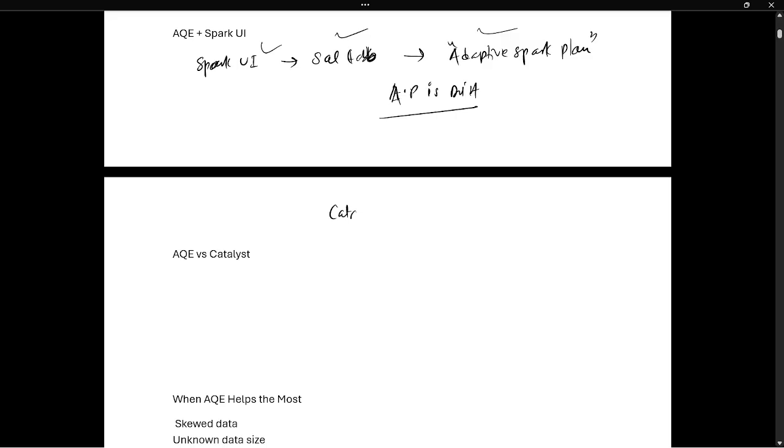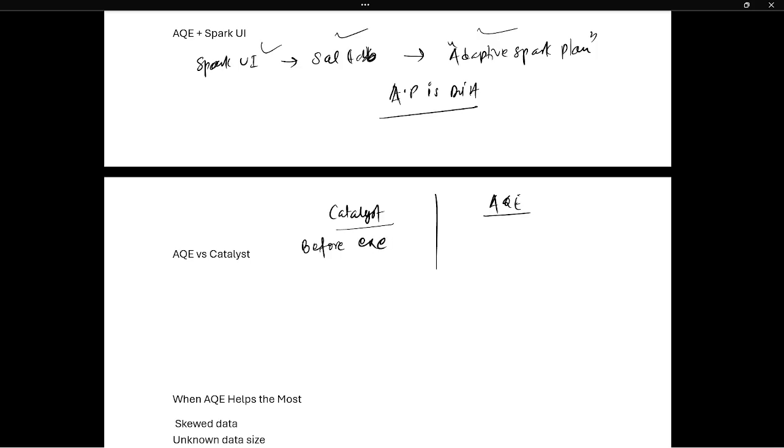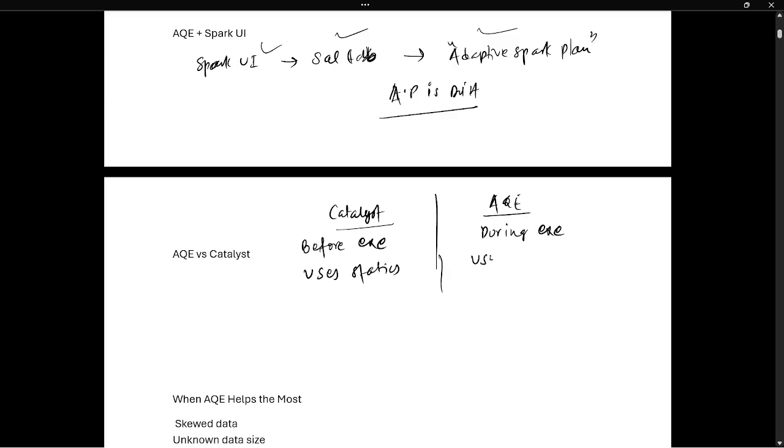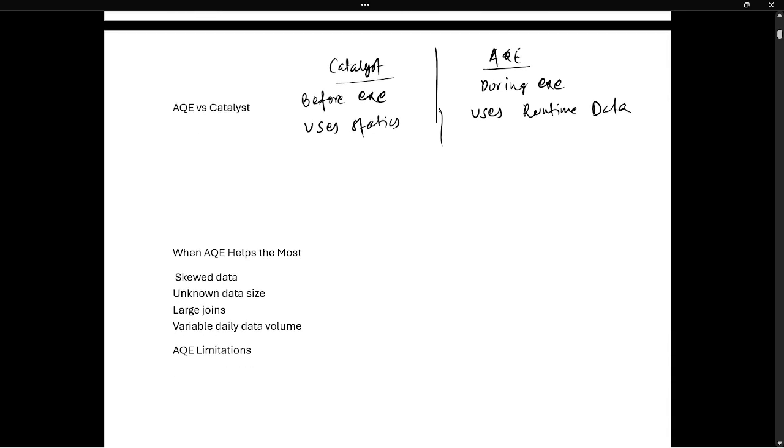Catalyst does its work before execution, using statistics, and it works on the static plan. AQE works during execution, uses runtime data, and basically works on the dynamic plan.